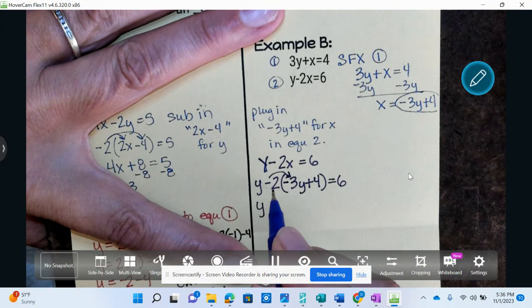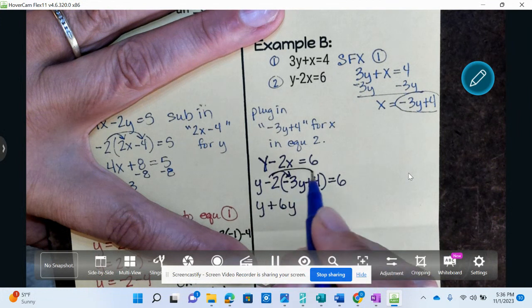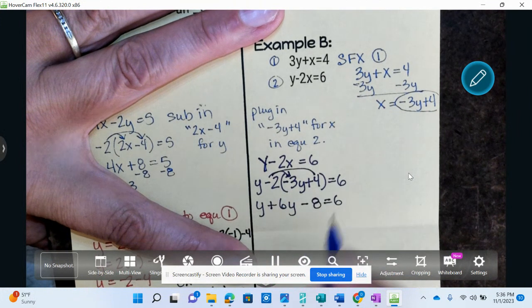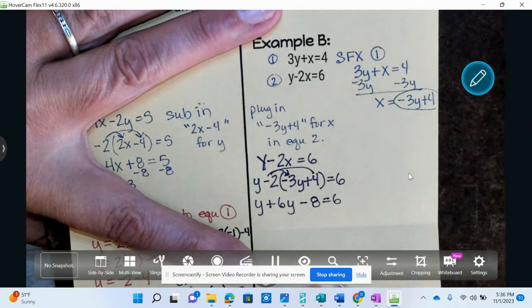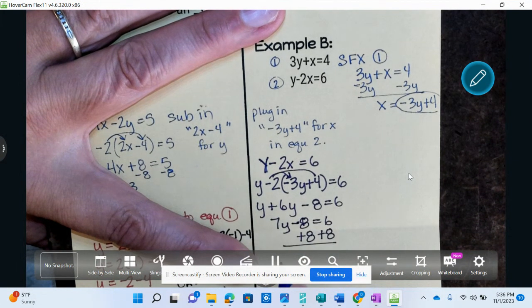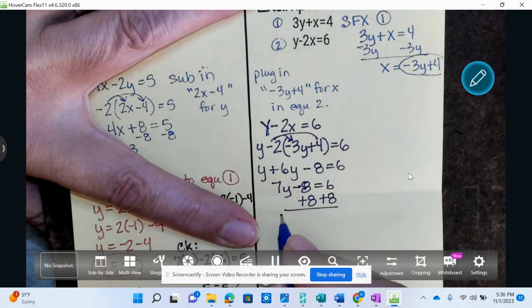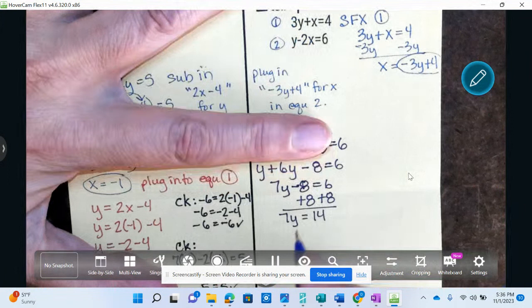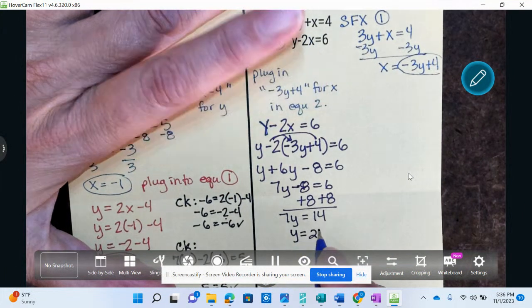Y, a -2 and a -3 plus 6y, -2 times positive 4 is minus 8, equals 6. Well, 1y and 6y give me 7y, minus 8 equals 6. Now I'm going to add 8 to both sides. So 7y equals 14. Divide both sides by 7, and I know that y equals 2.